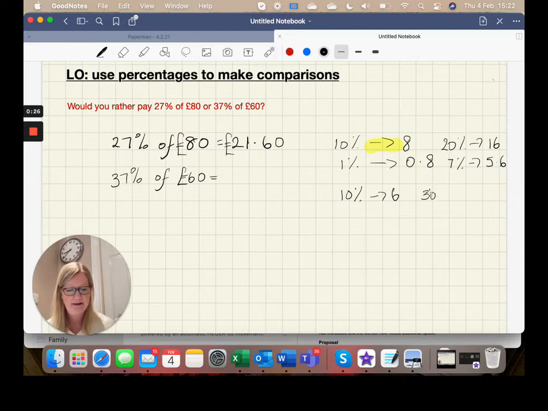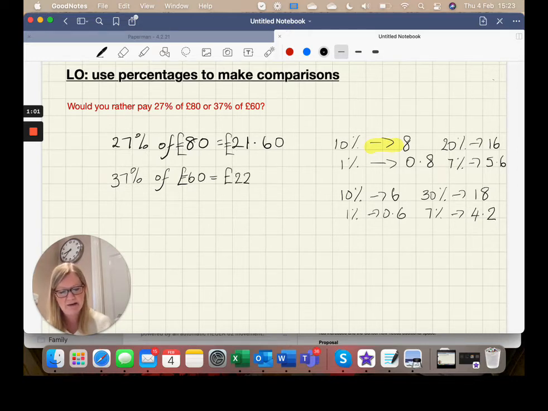So 30% is worth 3 times 6, which is 18. 1% is worth 0.6 or 60 pence because we are talking about money. So 7% is worth 7 times 0.6. 7 6s are 42. Make it 10 times smaller, 4.2. So I can see that 37%, if I add those together, is going to be £22.20.